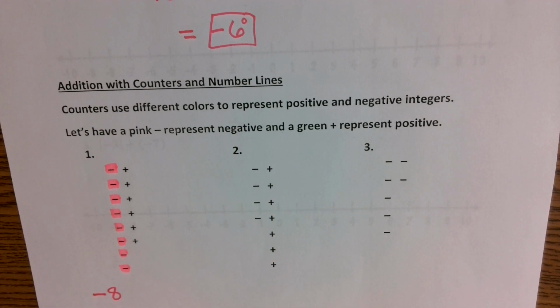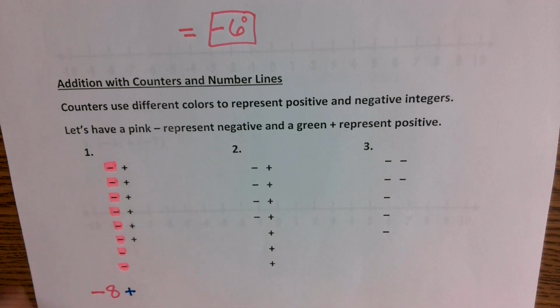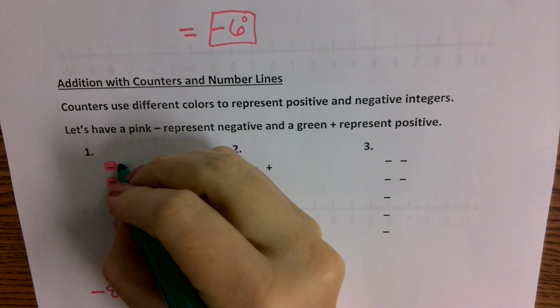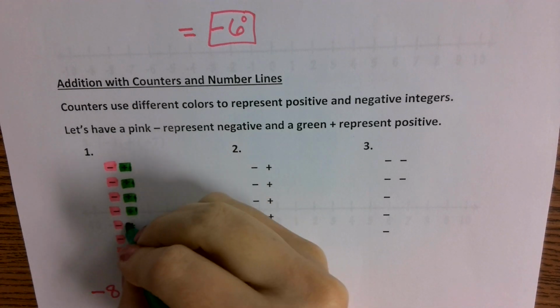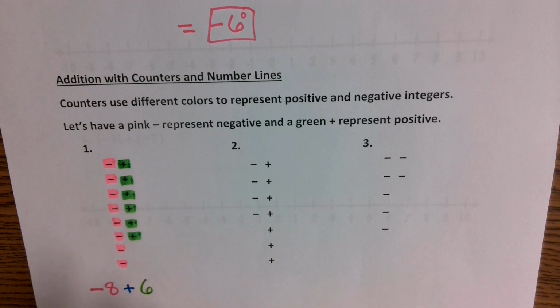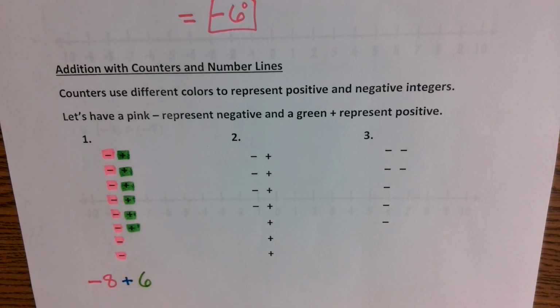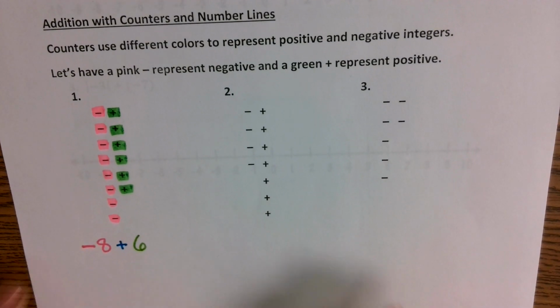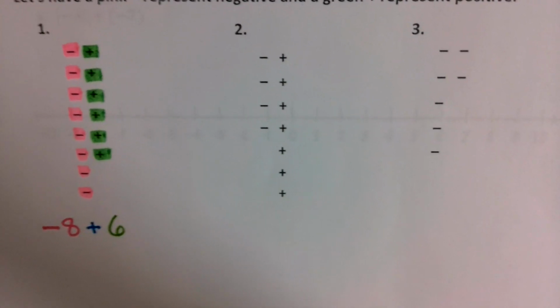And my counters represent an addition problem, so I'm going to put a plus sign. And again, my positives are going to be represented by the green. How many positives do I have? 6. 1, 2, 3, 4, 5, 6. We have 6 positives. So the question that we have located here is showcasing negative 8 plus 6. That's the situation that we are showcasing.